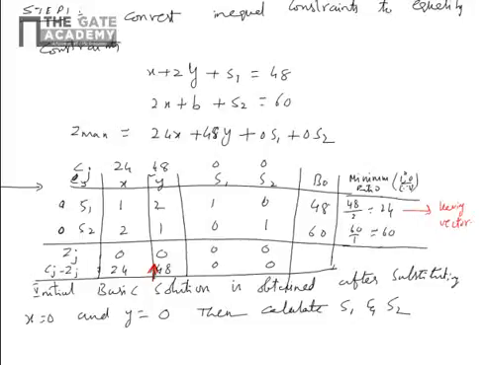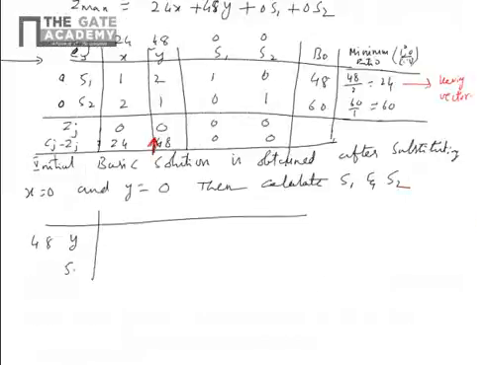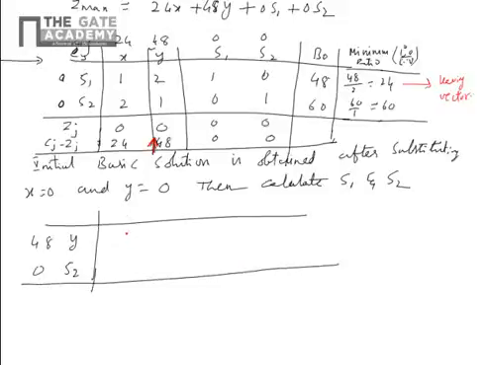So after doing this step, next enter y into the solution. The coefficient of y is 48, s2 is 0. Now divide the leaving vector row entirely by the corresponding value.